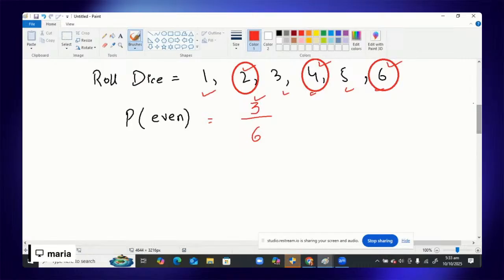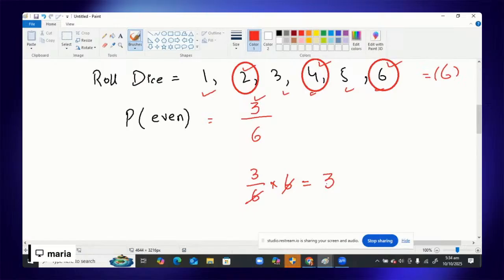And if we roll a dice 6 times, so just multiply 3 by 6 with 6. This 6 should be cancelled and only 3 is left. So we roll a dice 6 times, okay?